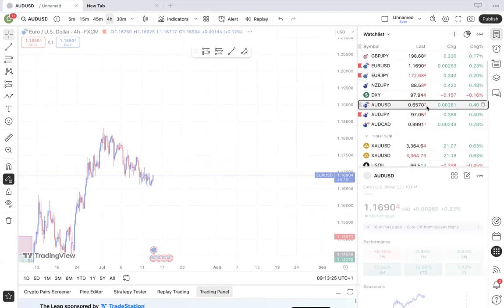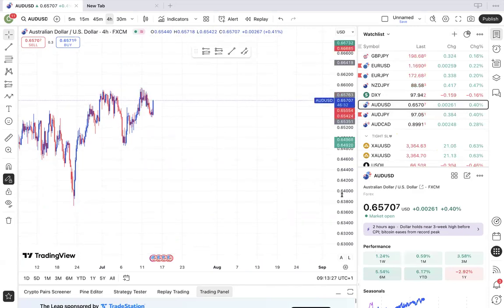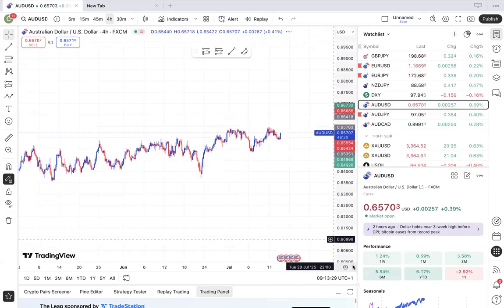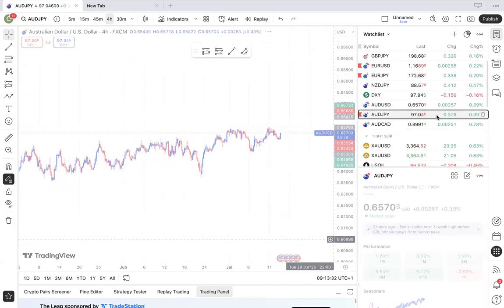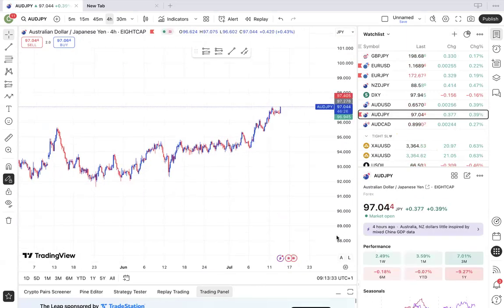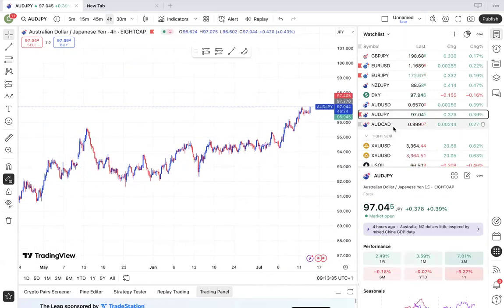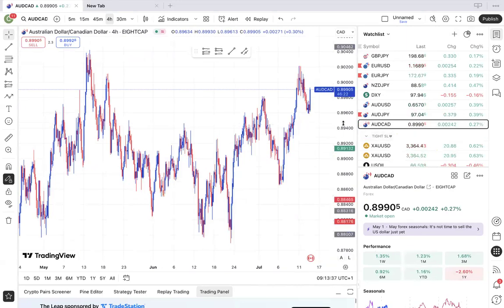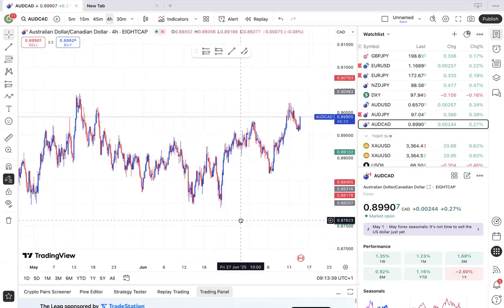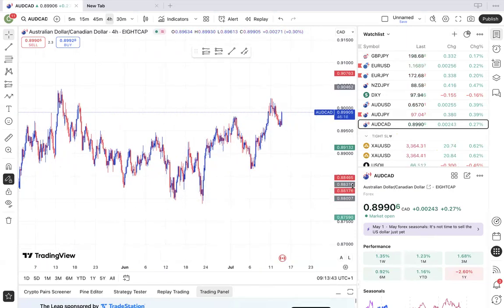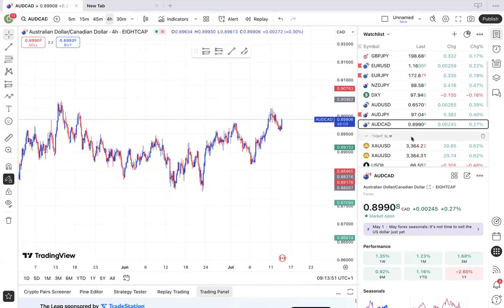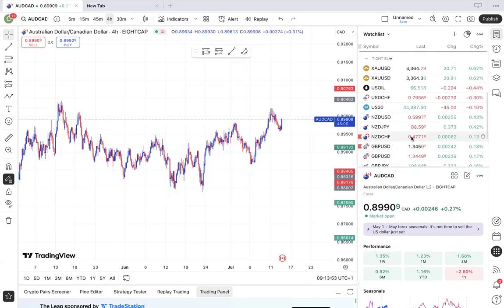Let's look at AUD USD. Let's look at AJ. Not satisfied. Let's look at AUD card. The sales on AUD card are actually very visible, if I'm being honest with you, but then we would ignore that.